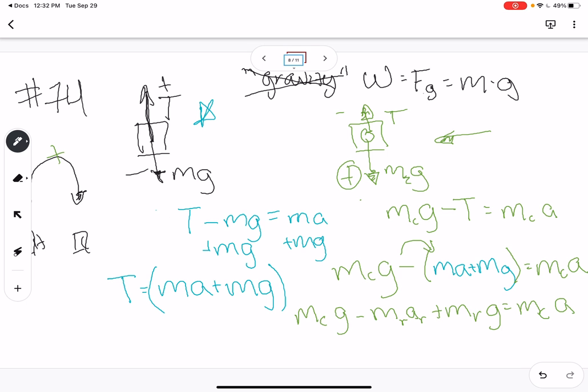Then what can we actually get rid of in here? If we look, this is going to simplify very quickly, because isn't it minus mass of Robin Hood times gravity? Yes, thank you. Let me go ahead and correct that because I distributed wrong.